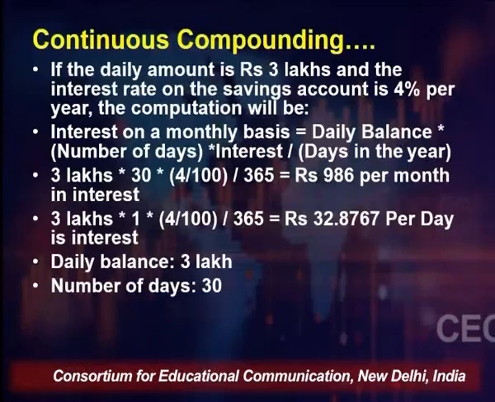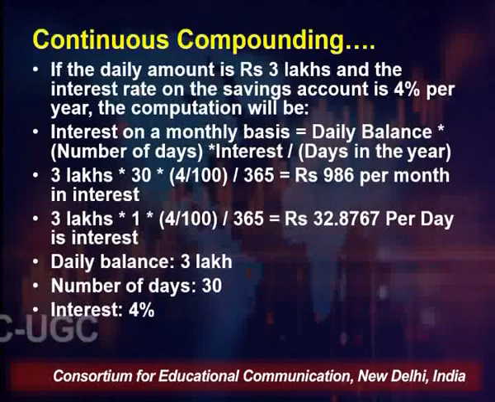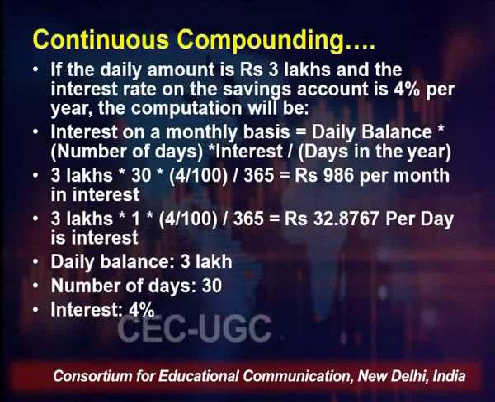When the daily balance was 3 lakh rupees, the number of days was 30, and the rate of interest was 4%, I told you how to calculate. So whatever is happening around us, if it relates to finance, it is the financial series of data. We would say financial time series it is, and you can do the calculation, find the pattern and draw inferences out of it for better prediction.